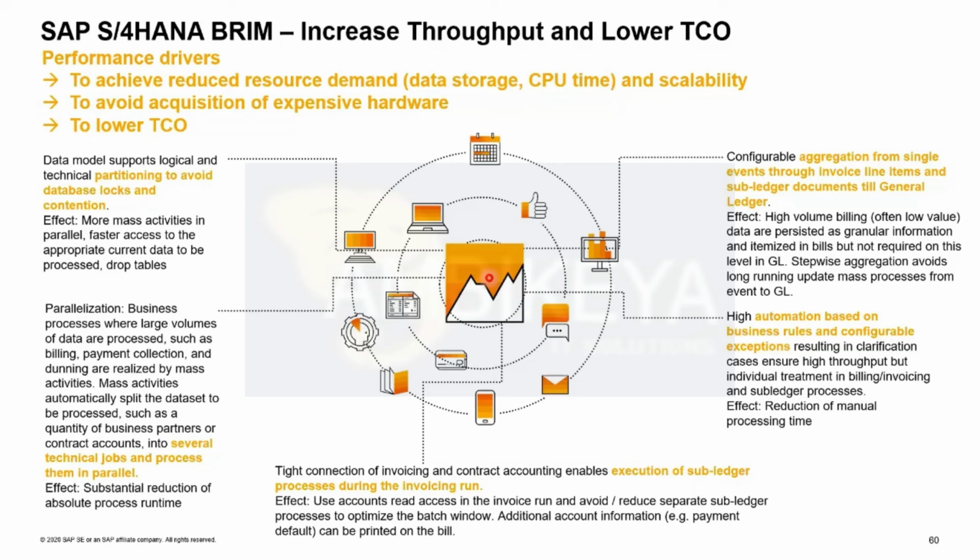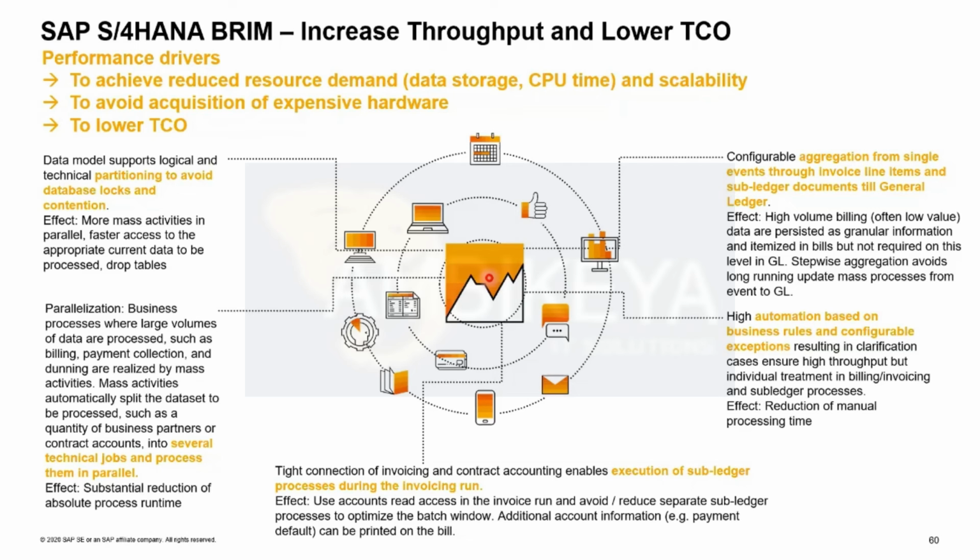So the business partner or the contract account or whatever we call the parallelization objects. The effect is we can substantially reduce the overall process time, runtime.